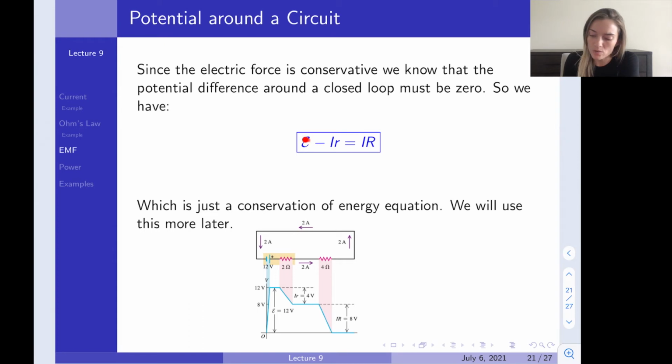So we can write this as essentially a conservation law. We have the EMF of the battery, minus the potential difference lost in the internal resistance of that battery, minus the potential drops as you go through the circuit, and that will all be equal to 0.